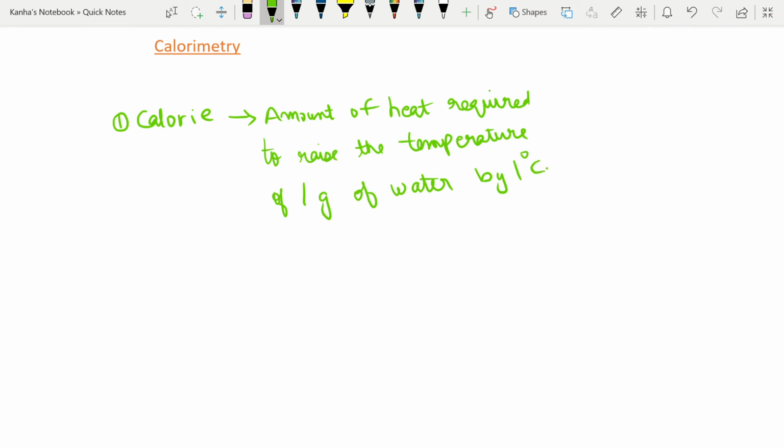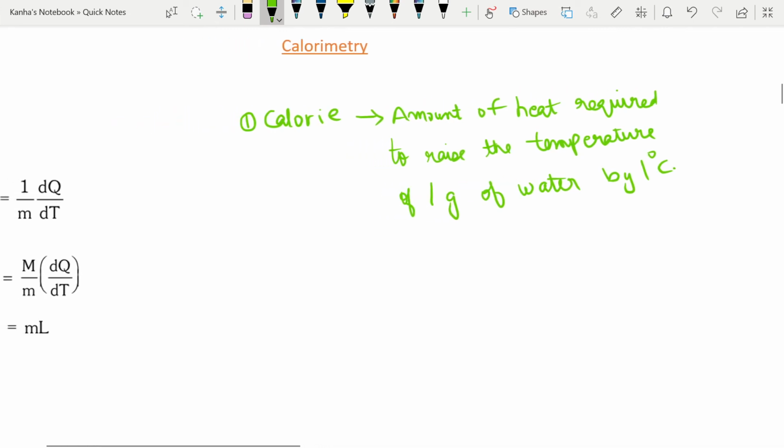Okay, this is the unit that is generally used when we talk about heat, and there are other units as well such as international calorie, kilocalorie, British thermal unit, or BTUs. But you shouldn't worry about these things that much.